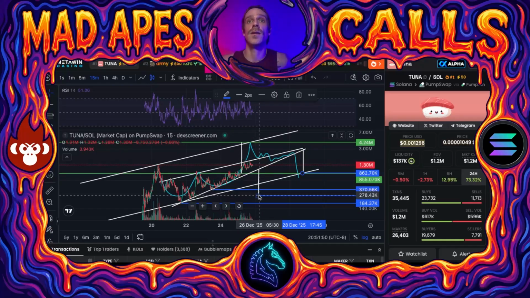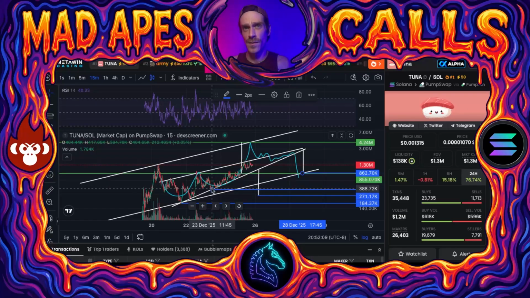And then here's another level I would consider, because this would be the breakdown target of the wedge if the wedge were to break down soon, right? And then another entry, you could set a limit order at 370k market cap. Why? Because again, that's a support level.